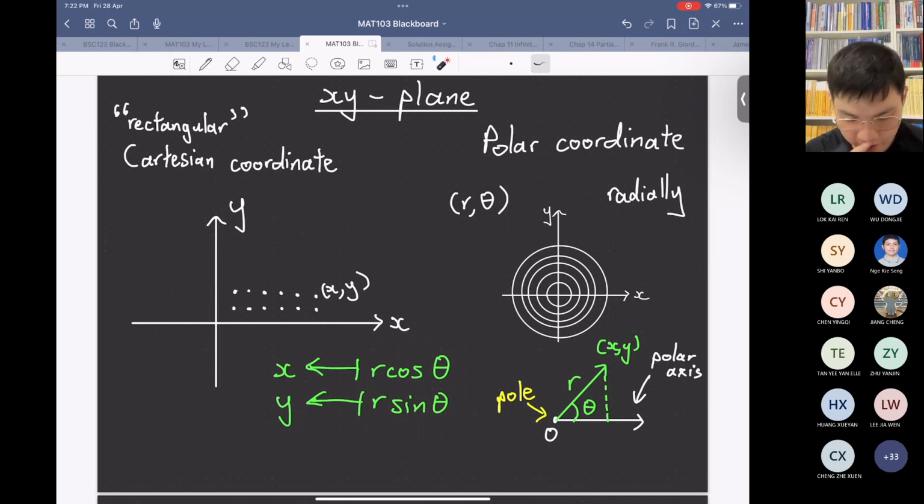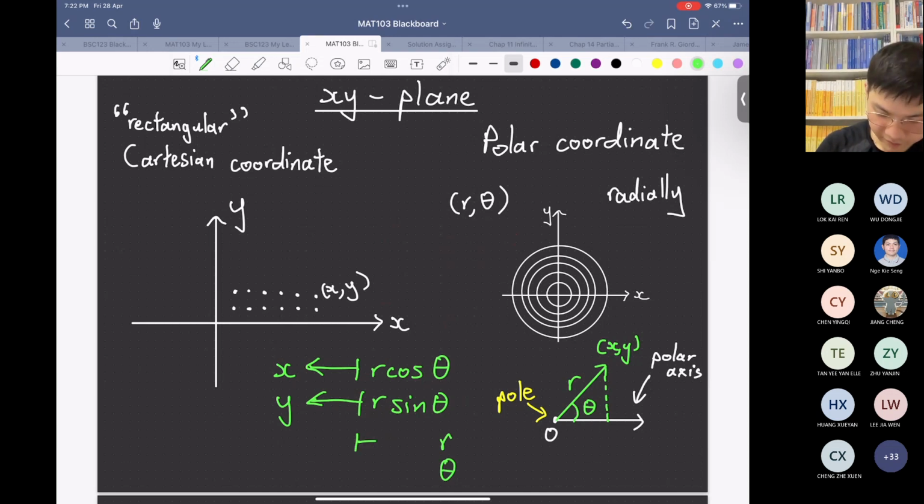Another question is, since this is equivalent, we should be able to go from right to left and left to right. So let's say given x and y, how do we find r and theta?